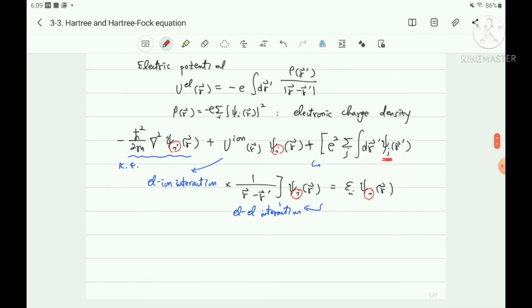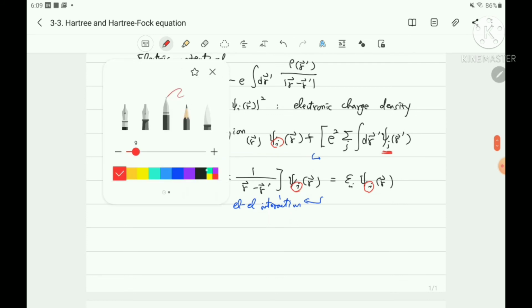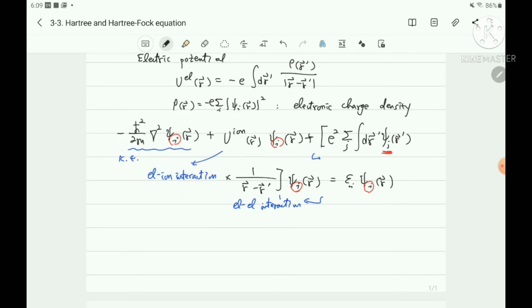Therefore, how do we calculate this one? It is tricky, and because it is an iterative method, we can solve the Hartree equation iteratively.